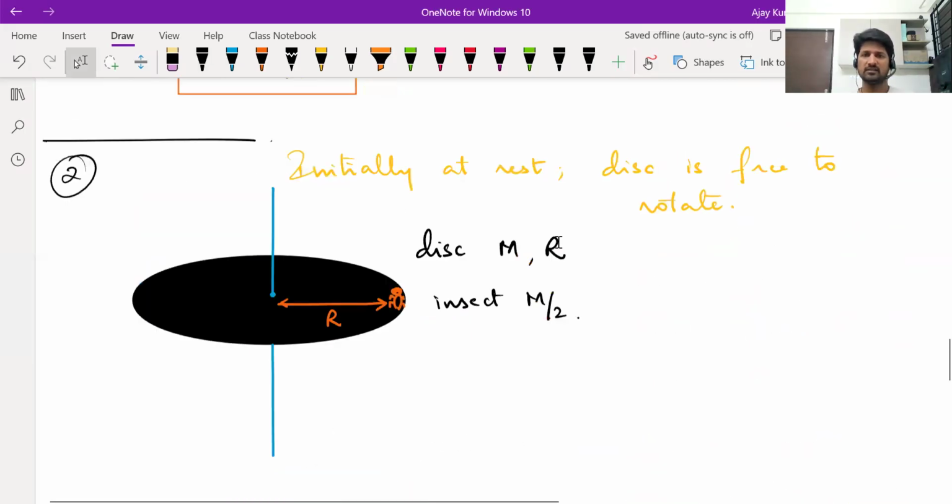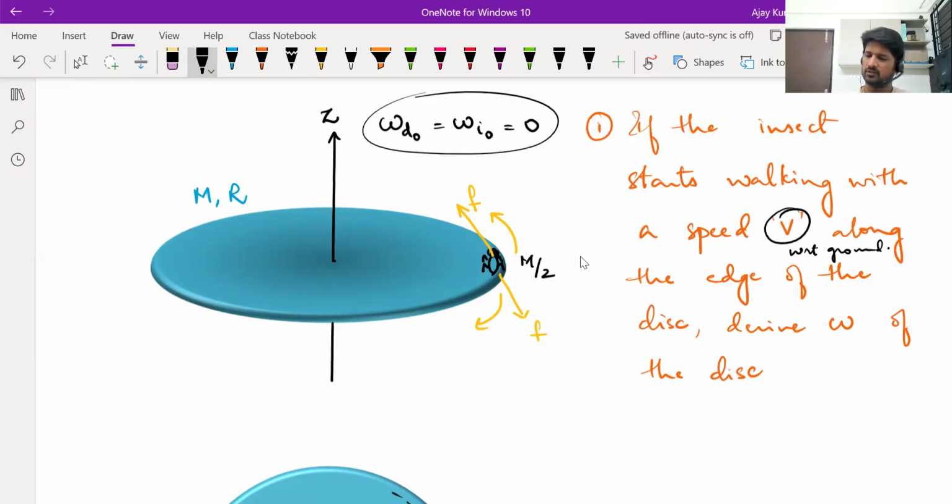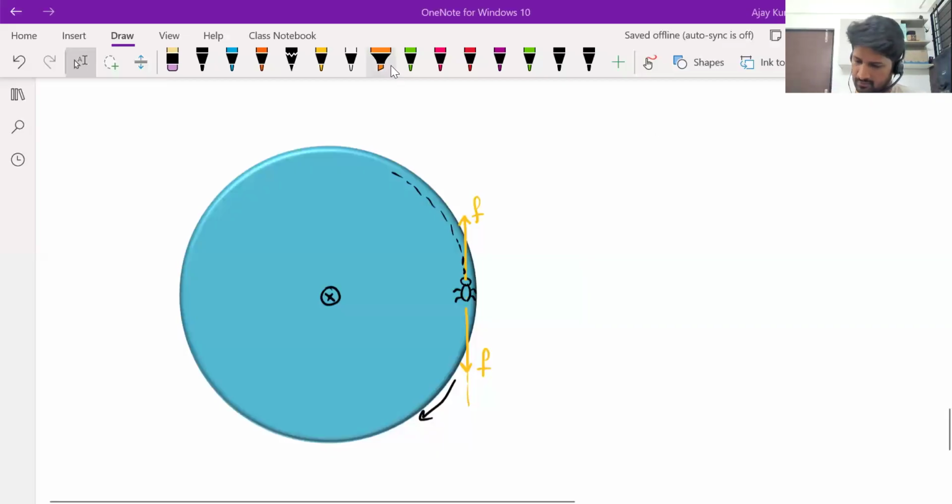Disk mass is m, radius is r, insect mass is m/2. Initially, the system was at rest.